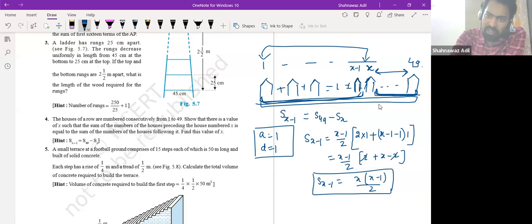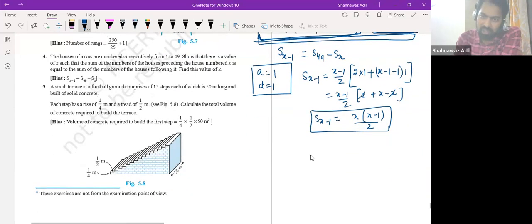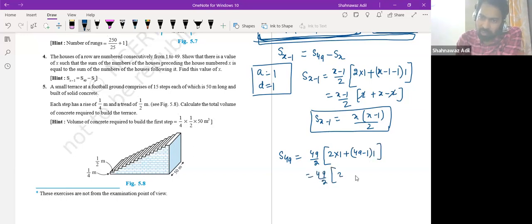Now, what is S49? S49 is 49 by 2 into 2 into 1 plus 49 minus 1 into 1, so this is 49 by 2 into 2 plus 48. And what is Sx?